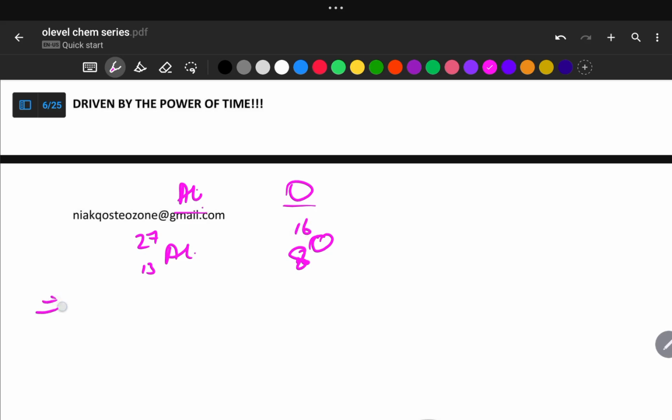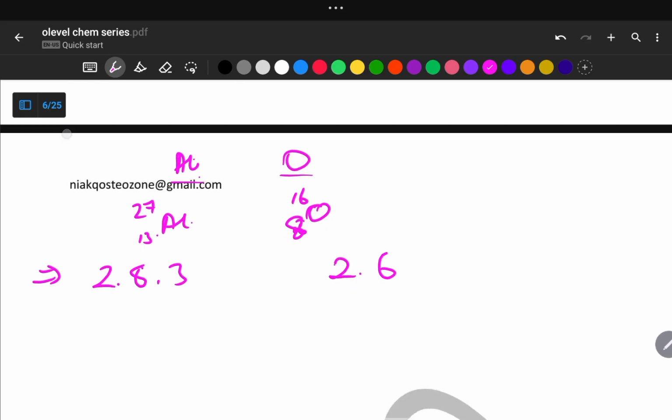So we're going to write the electronic configuration for aluminium, which is 2, 8, 3, and for oxygen it's 2, 6. So aluminium needs to lose all these 3 electrons to be left with a stable noble gas electronic configuration. Aluminium wants to lose these electrons so that it will have an electronic configuration similar to that of a noble gas.